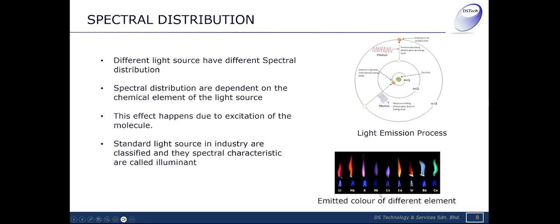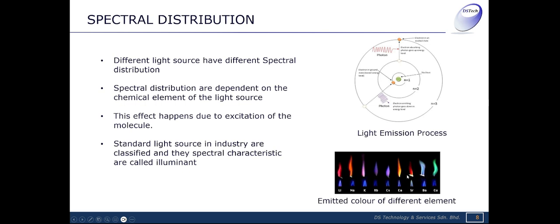Here's a basic example of lithium, sodium, potassium, rubidium, cesium, calcium, strontium, barium, and copper. Copper gives a green color, lithium gives a red color.